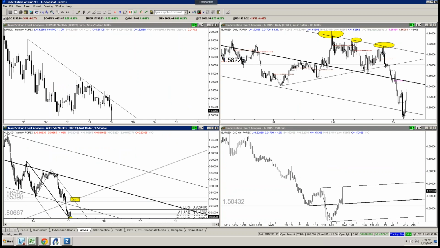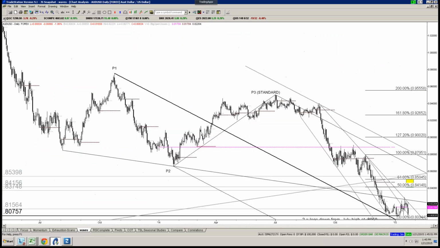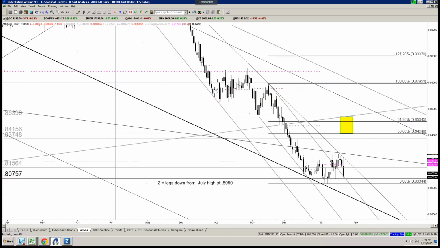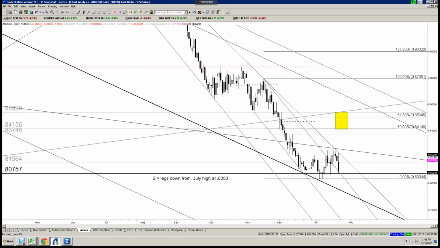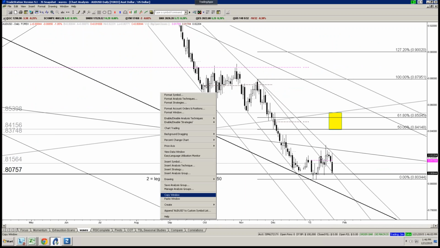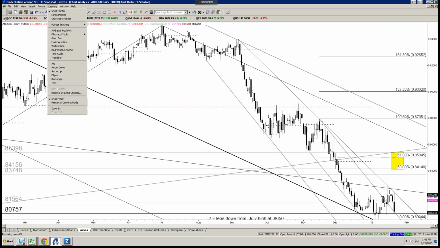So Aussie dollar, and we talked about this last night in the letter, we talked about having one more fifth wave low in Aussie. If we got that low, we could very well get some sort of rip. Let me put a chart up that has nothing on it so you can see the clarity of the levels.